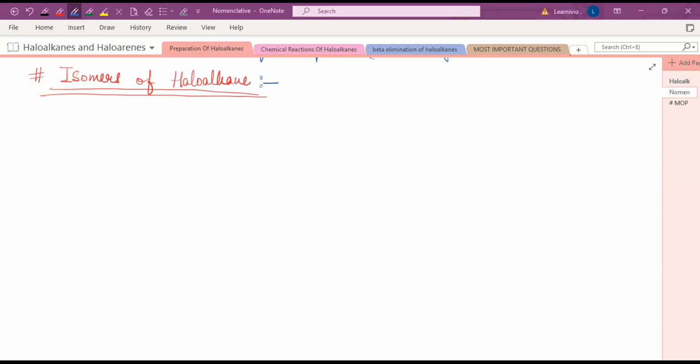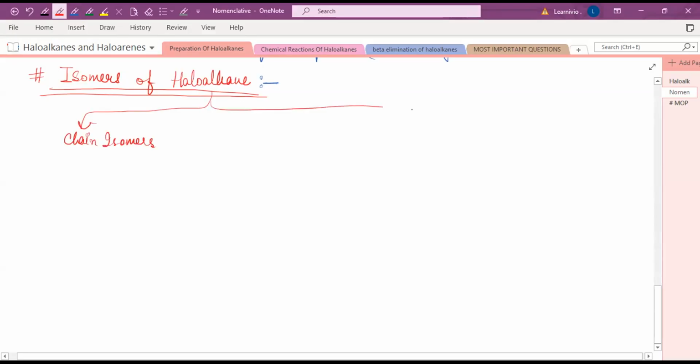And isomers of haloalkanes are of two types. First one, chain isomers, and the second one is position isomers. Now, what are chain isomers? Chain isomers differ in parent chain length.